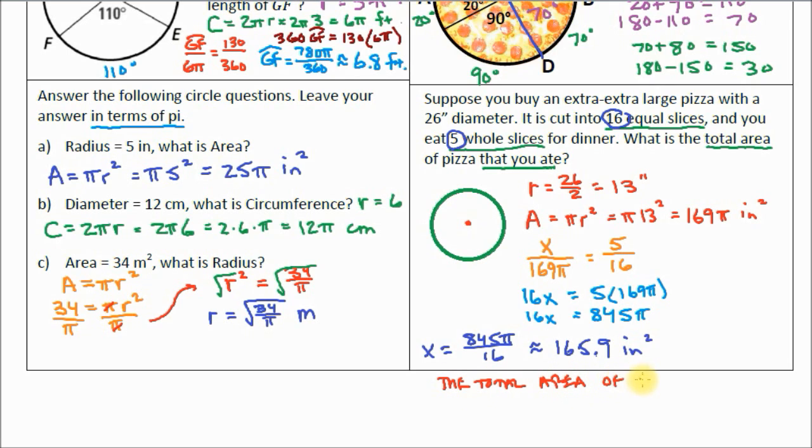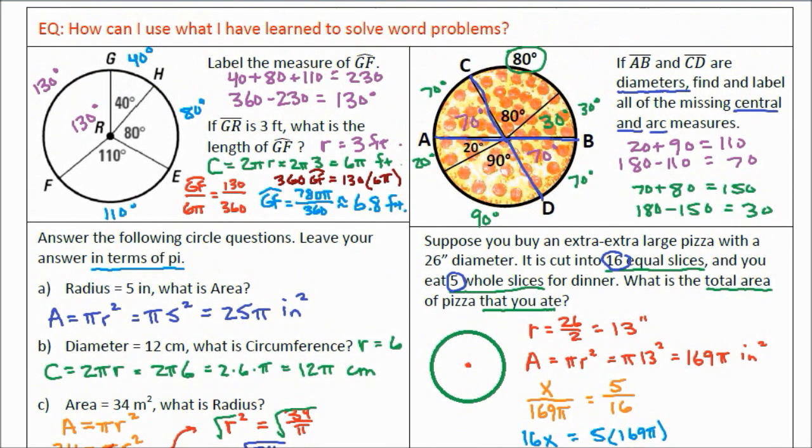The total area of pizza I ate was 165.9 inches squared.